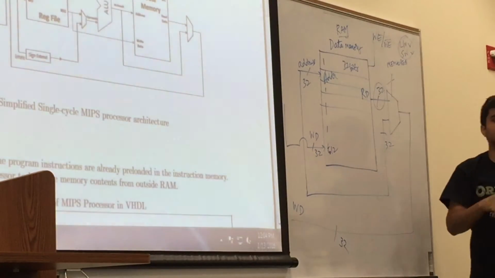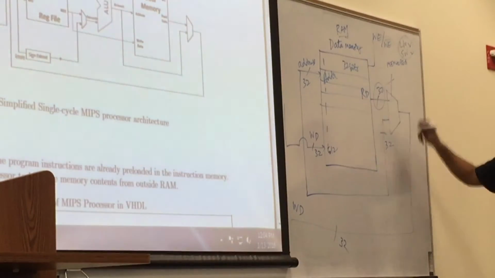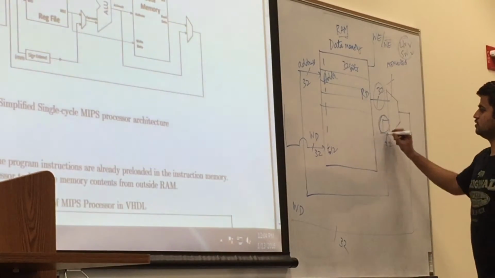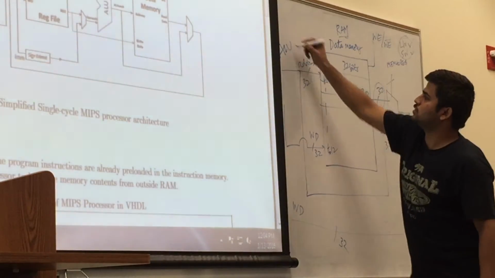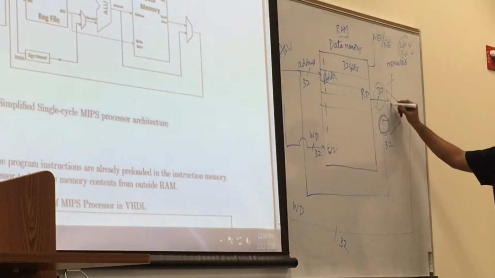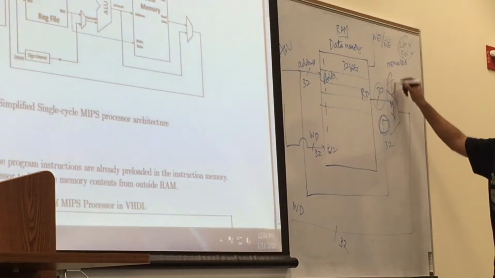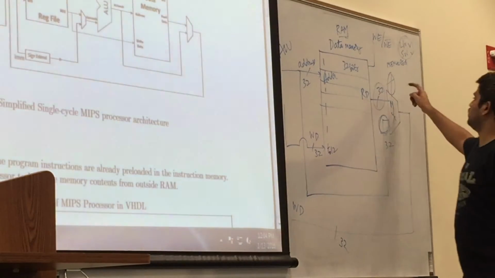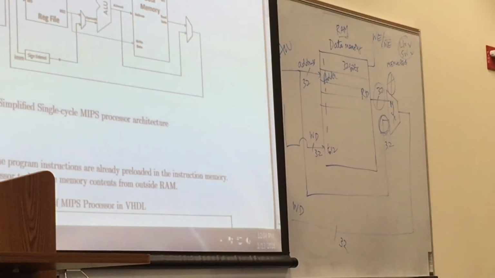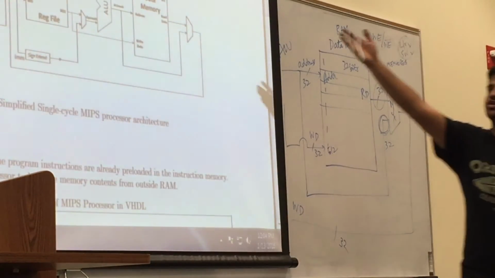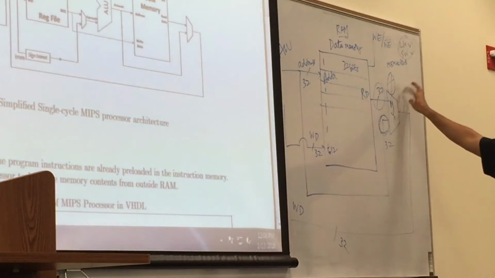If you are doing other instructions, then you will select the value coming directly out of the ALU. That selection will be done using this mux and this select line. I will explain the select lines and the cases later, when I explain the controller.